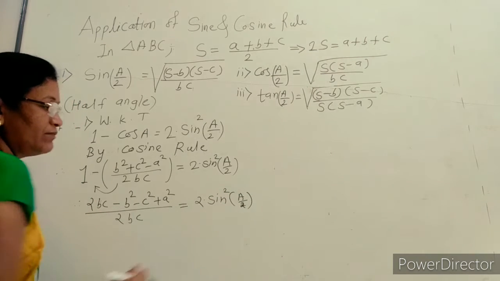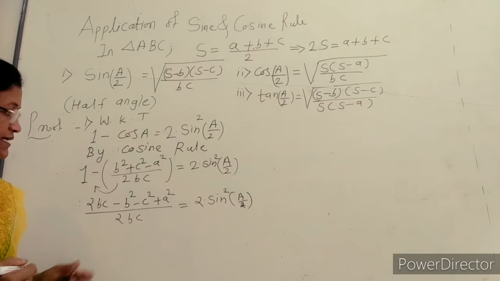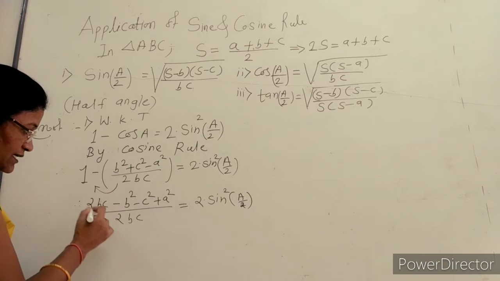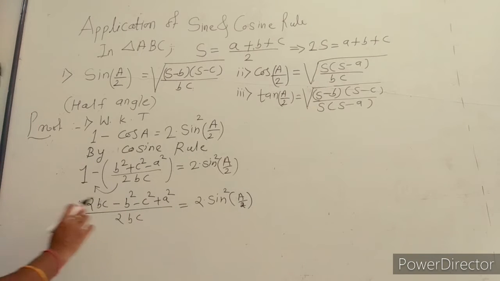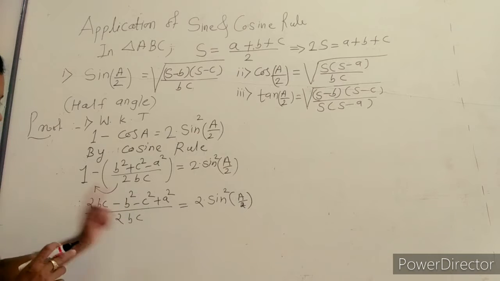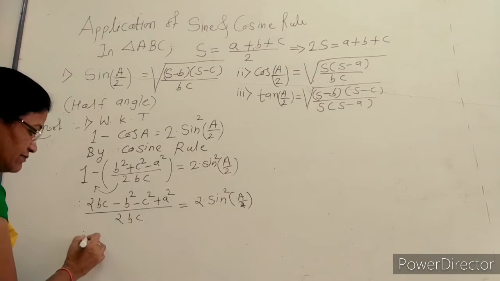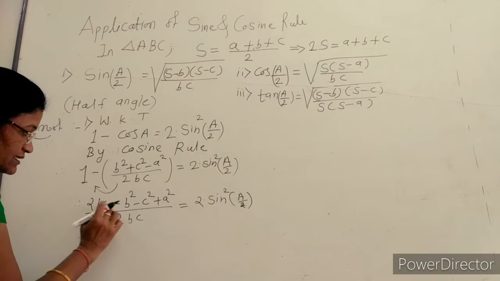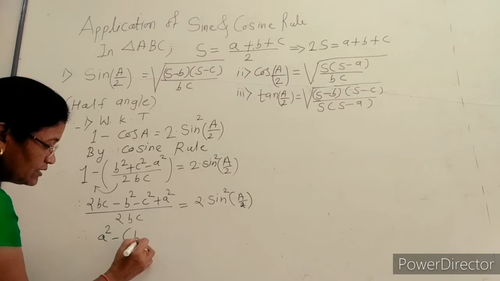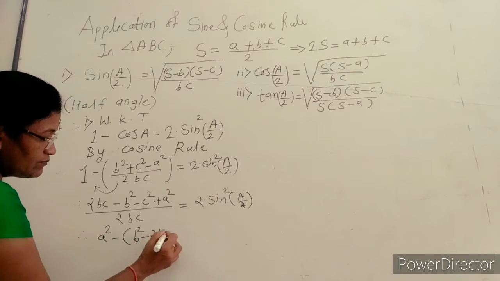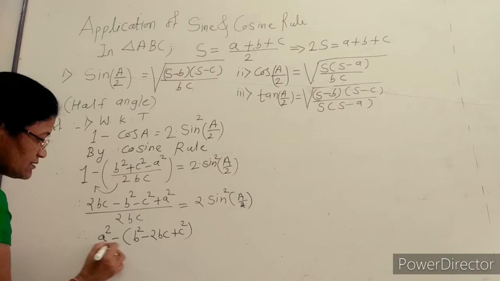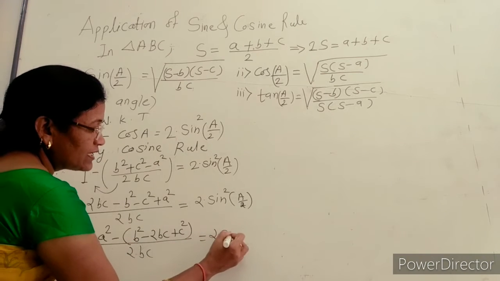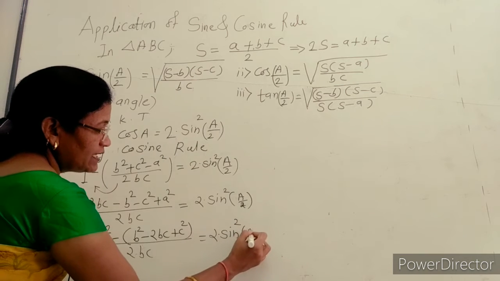Here we combine two steps, as the minus sign is inserted inside the bracket and the LCM is 2bc. Now from the first three terms, we take the minus sign common, and you get the expansion of (b minus c) bracket square. So first we write the term a square, and from these three terms we take the minus sign common. So we get b square minus 2bc plus c square upon 2bc, which is equal to 2 times sine square A by 2.